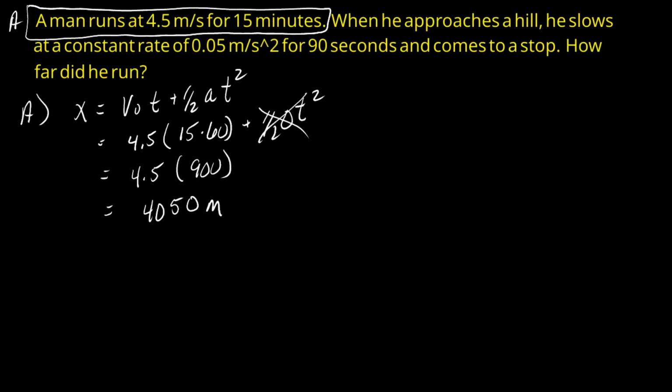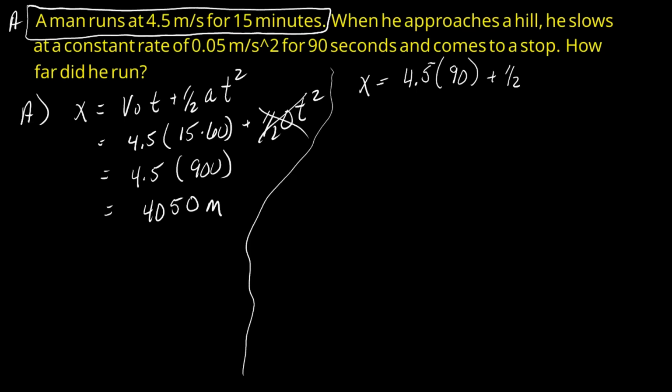Okay. Now on the second part of this problem, we'll use the same formula. So x is equal to his initial velocity. He was still going 4.5 when he approaches the hill. The time going up the hill was 90 seconds. Now, he's going to be decelerating, so I have to put a negative acceleration, 0.05, and 90 seconds squared.